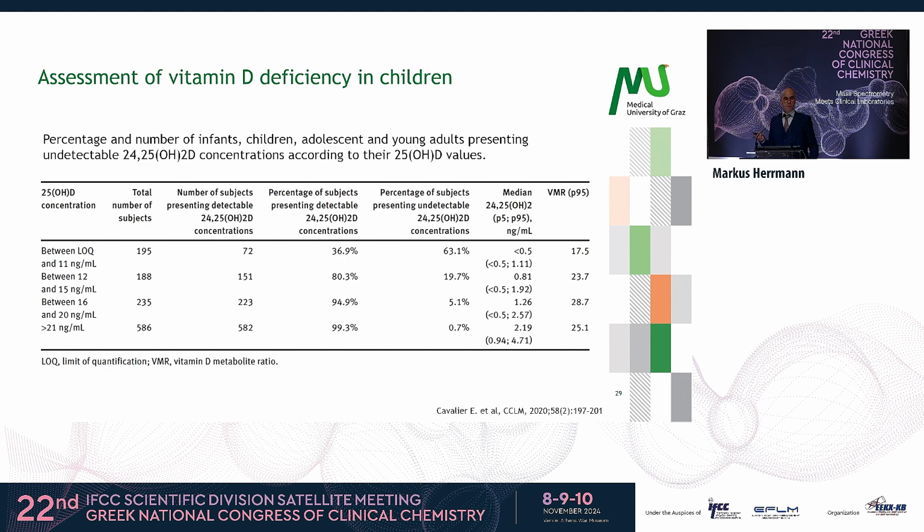In 1,200 Belgian infants, children, and adolescents, they showed that with decreasing 25-hydroxyvitamin D concentrations, the percentage of individuals with undetectable 24,25-dihydroxyvitamin D increases massively. And this suggests that many of these individuals do not have 25-hydroxyvitamin D to spare for catabolism, because they need every molecule to maintain calcium and phosphate homeostasis.